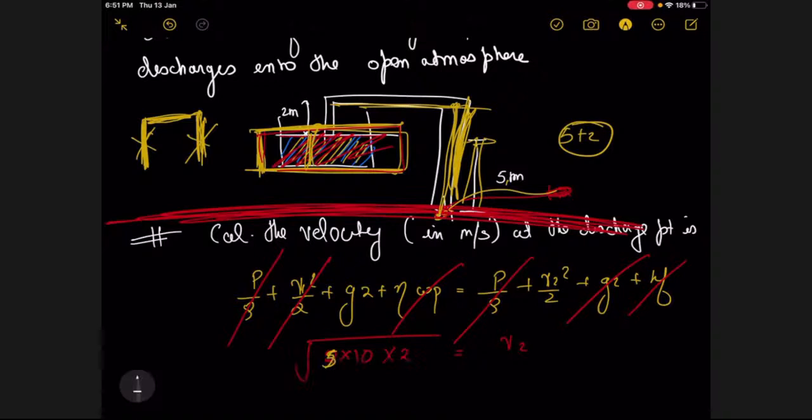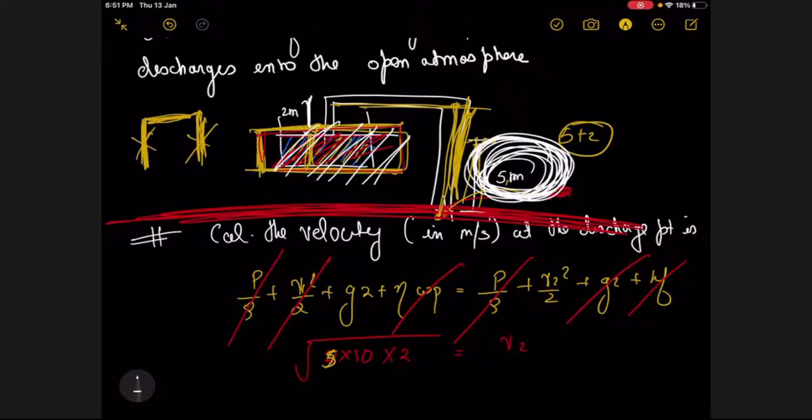Again, the second point is that this 2 meter is up. And how much potential energy does this system have? This system has a potential energy of 5 meter. Energy can neither be created nor destroyed. It can only be converted from one form to another. This potential energy of 5 meter will convert to the kinetic energy, and the kinetic energy is a function of velocity.